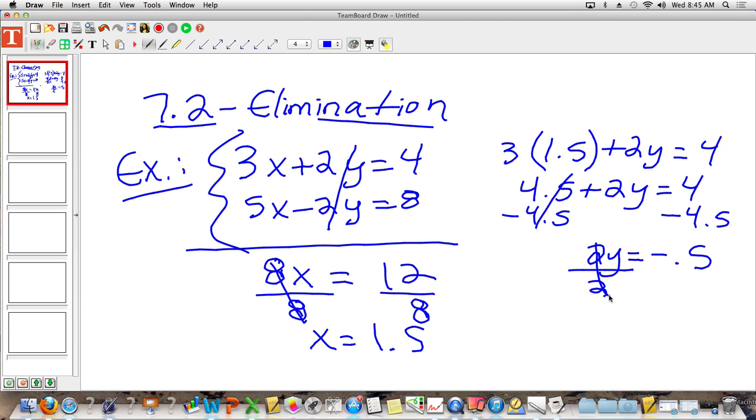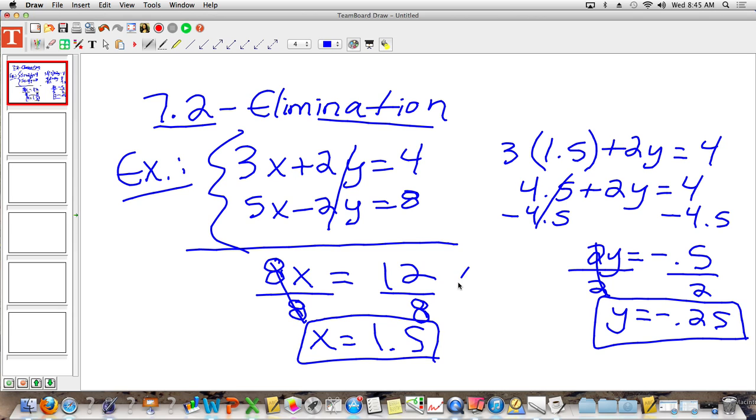You divide by 2. So y is equal to negative 0.5 divided by 2, which is negative 0.25. All right, so we have our x and our y. You've got to write them as an ordered pair again. So we have 1.5, comma, negative 0.25.